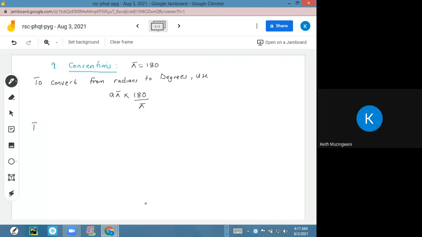And then to convert from degrees to radians, from theta degrees, you multiply by pi over 180 degrees.